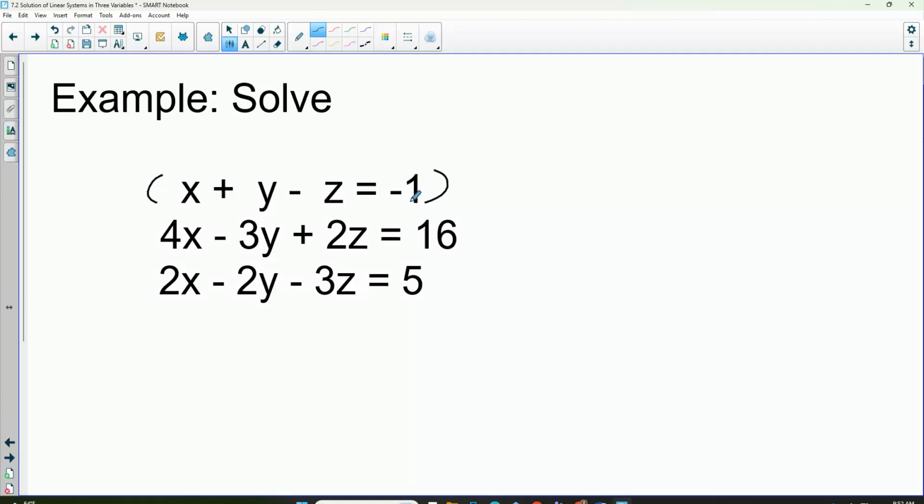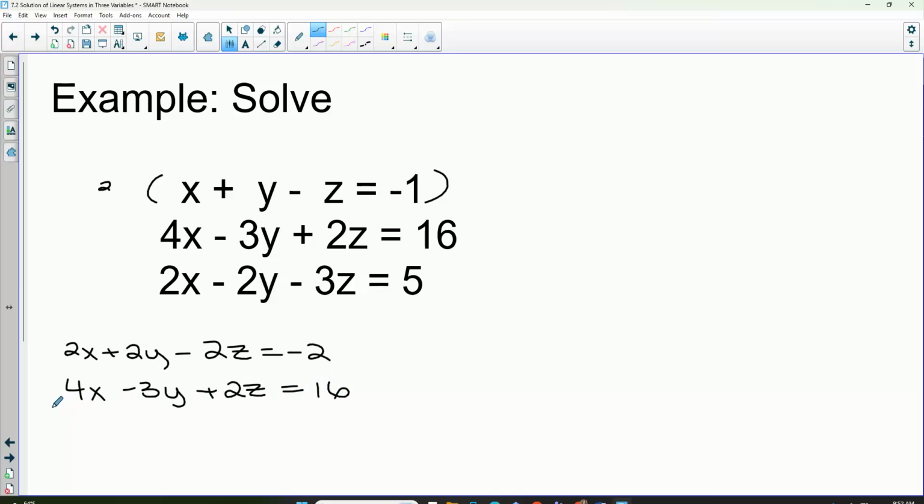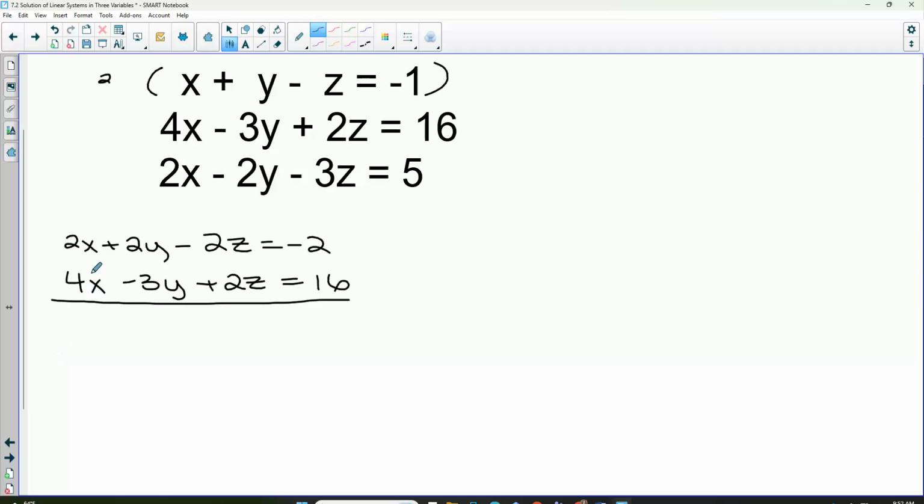I have to multiply the top one times 2. Okay. So I get 2x plus 2y minus 2z equals -2. 4x minus 3y plus 2z equals 16. So I add those together.